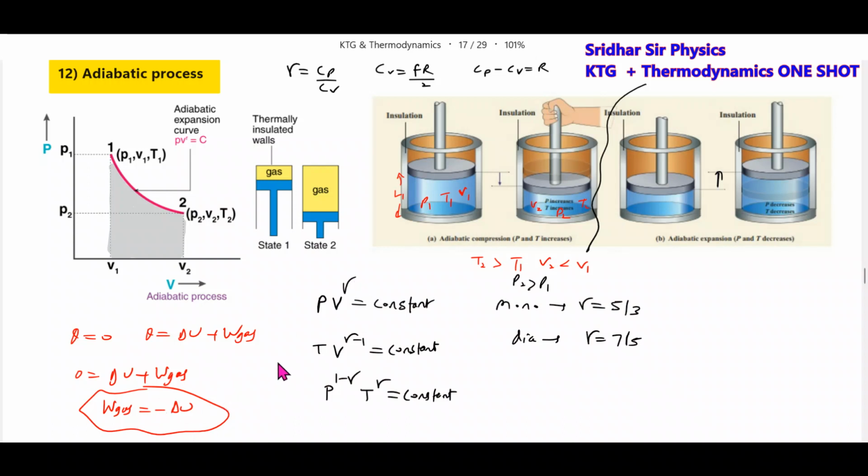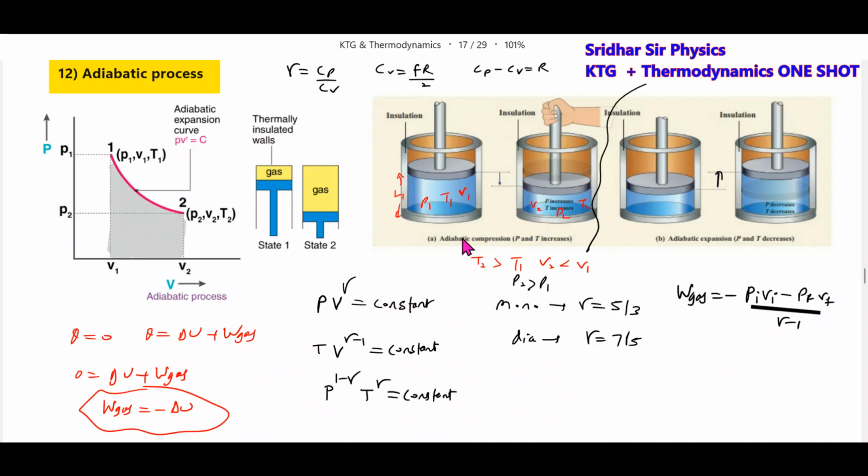Then we can bring in the formula for work done by the gas. Work done by the gas we can write as (PiVi minus PfVf) by (gamma minus 1). No heat exchange. So if the gas undergoes compression, internal energy increases.